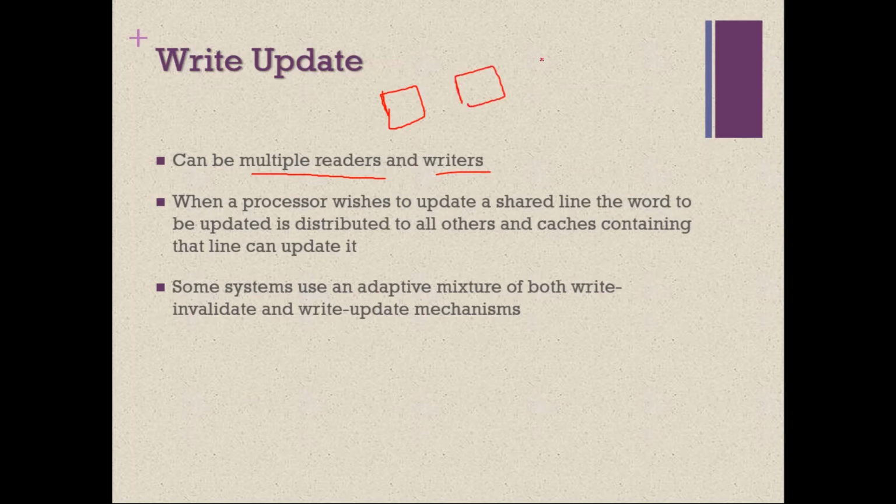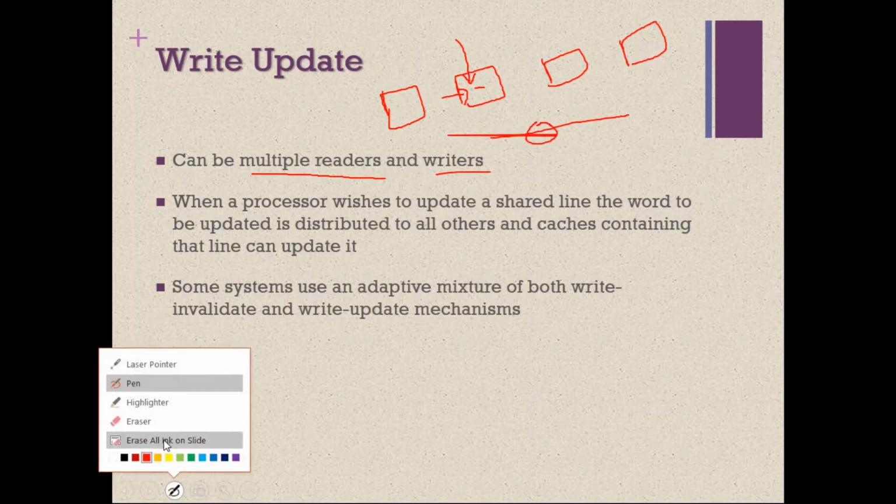Now if one of the processors wants to perform a write operation on some line, a line is nothing but a collection of words. It is going to modify only a few words in a line.